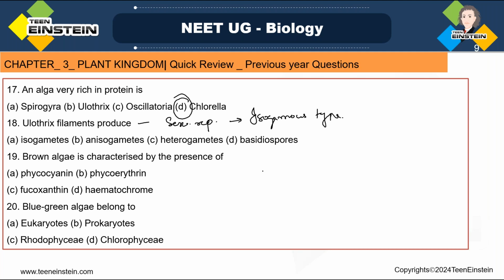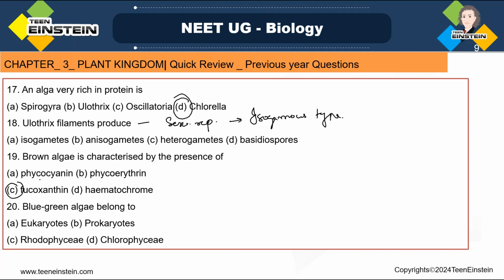Brown algae is characterized by the presence of option A, phycocyanin, option B, phycoerythrin, option C, fucoxanthin, option D, haematochrome.